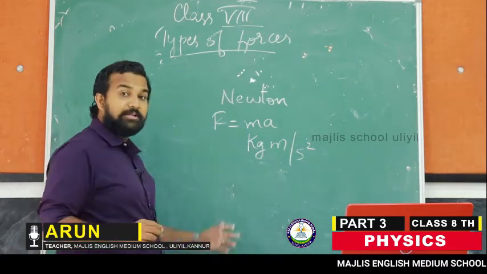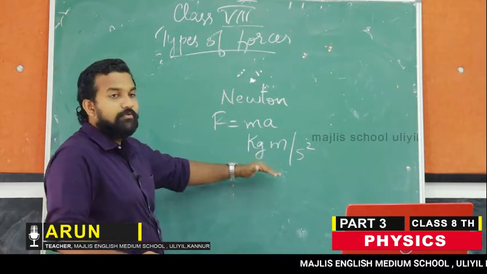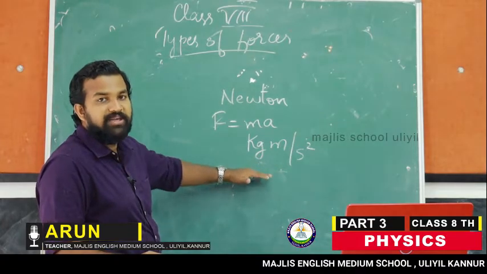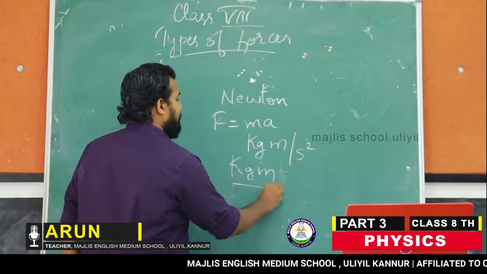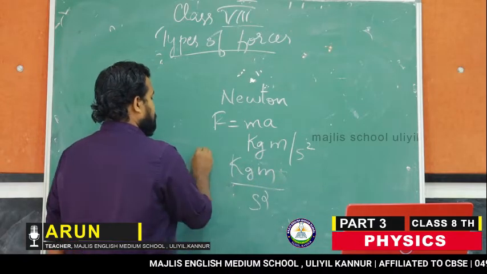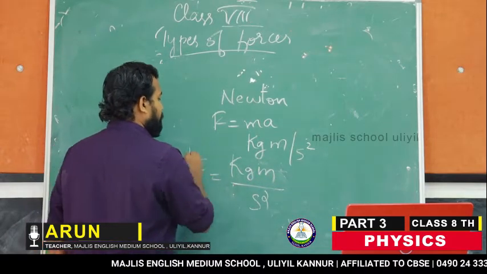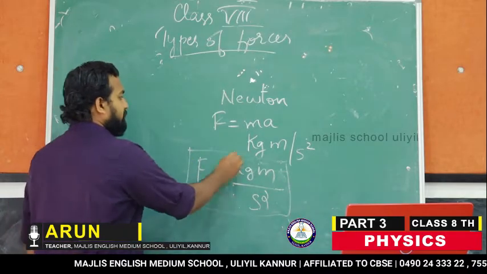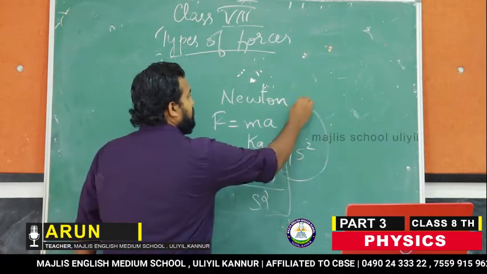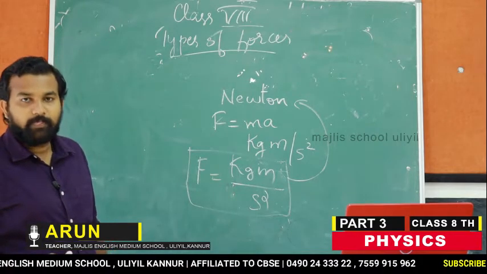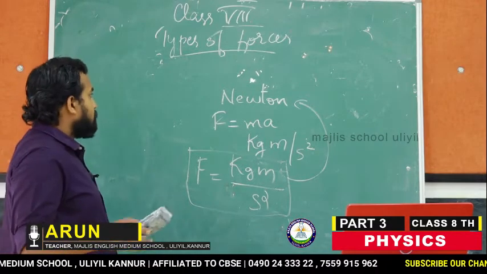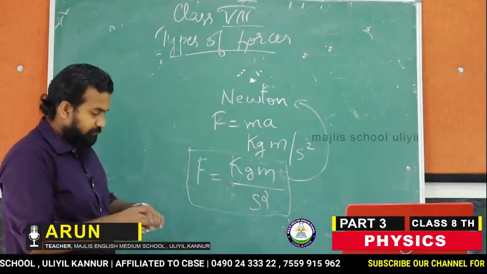So the SI unit of force is kilogram meter per second square, that is kilogram meter divided by second square. You have to note it down. And this kilogram meter per second square is called what? Newton. Clear? So that is about the SI unit of force.